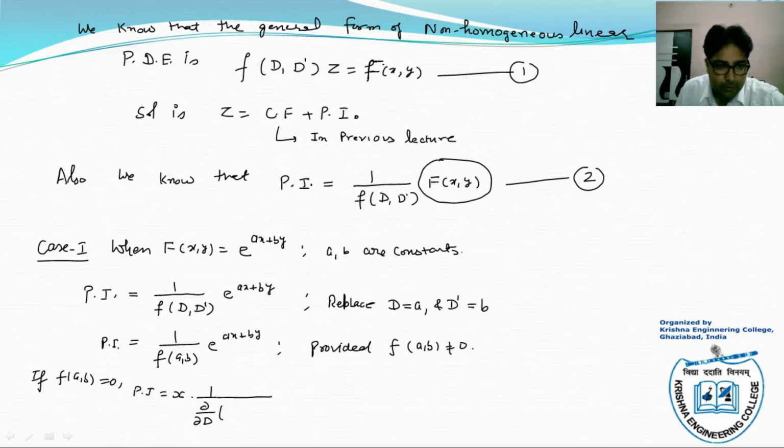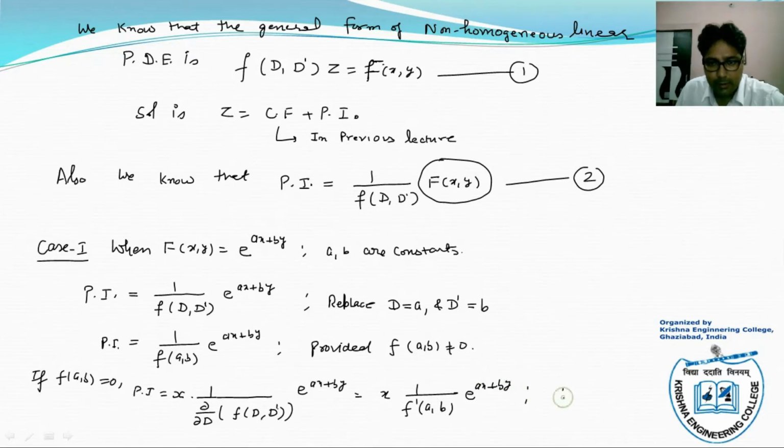So this becomes, suppose f D comma D dash e to the power ax plus by. This becomes x times 1 upon f dash, and replace D by a, D dash by b, e to the power ax plus by. Clear? Provided f dash a comma b will not equal 0.